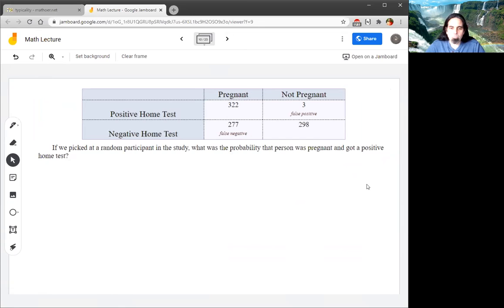If we picked a random participant in the study, and remember that there were 900 total if we add up these numbers, what was the probability that the person was pregnant and got a positive home test? Somebody tell me what to do on the board.